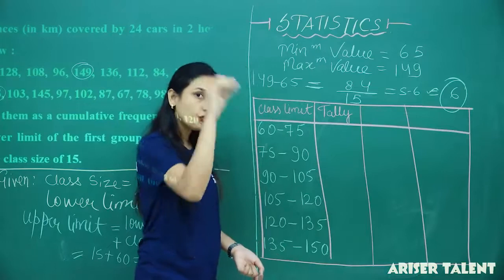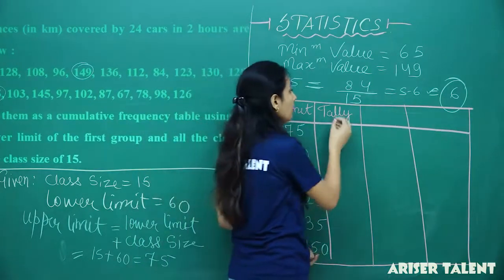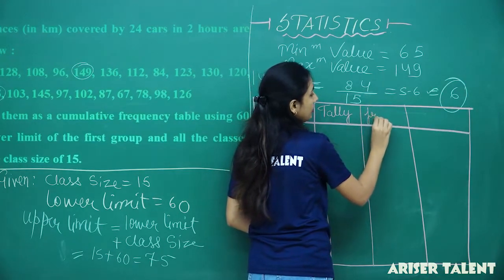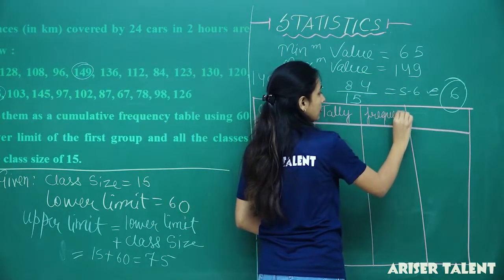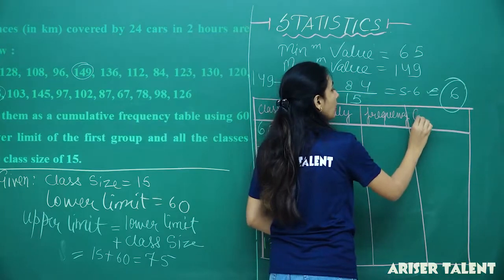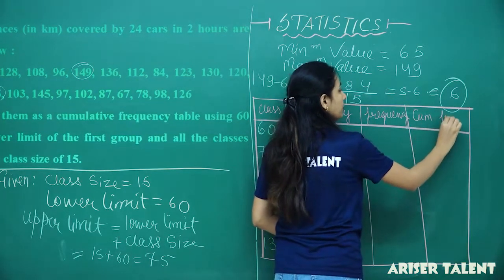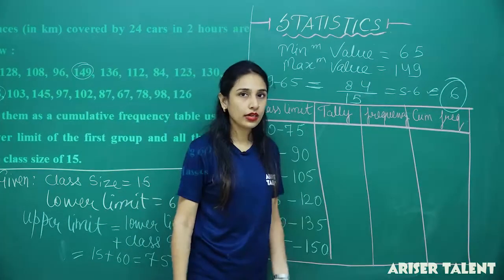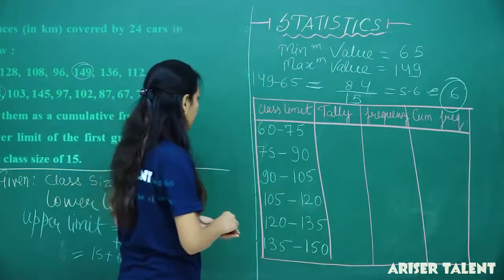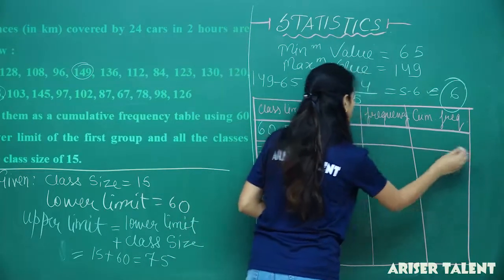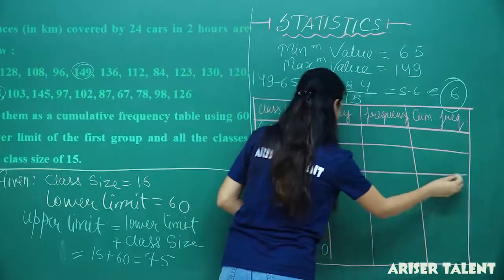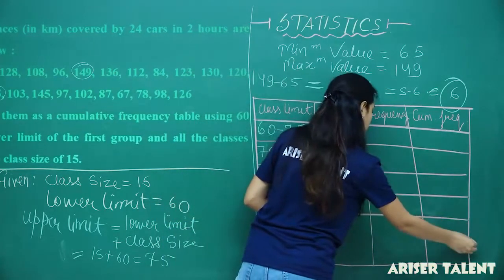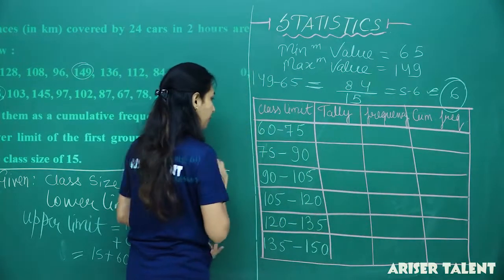Remember? Now we have to go with the frequency, and then the cumulative frequency. We have to just add the frequencies to get the cumulative frequency. So we'll make this also, the second one, third one, fourth, and the fifth one.